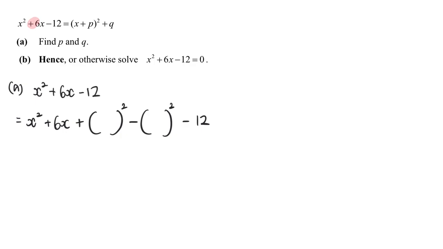This is to make sure that this expression stays the same, but I add this bracket square because I would want to make this. How? You might wonder. So this is the way to do it.